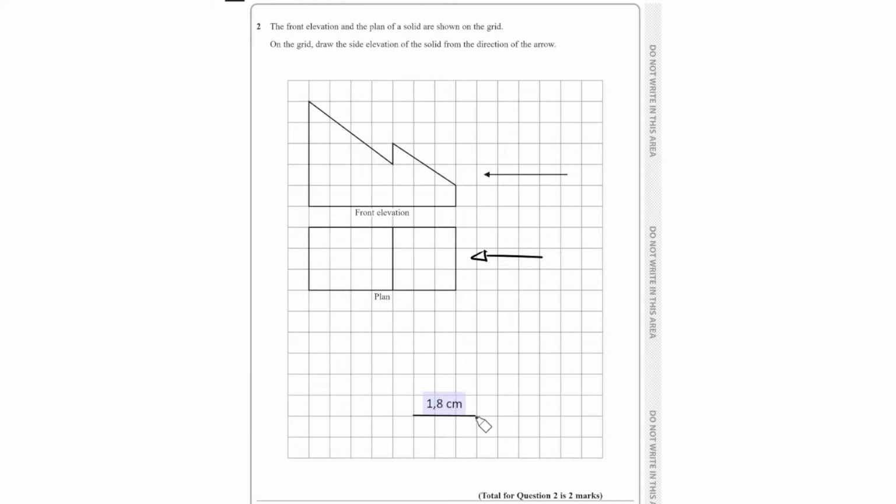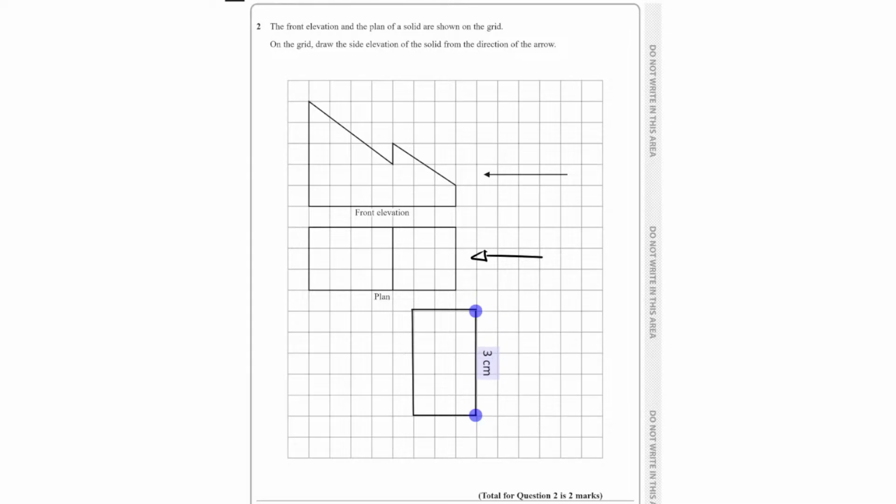So that's the first thing, 3 squares across, and then you've got to figure out how tall it is. Well, that's obviously this one here, based on the front elevation, the tallest part. Yeah, exactly, so that should be 5 squares. So 3 by 5, 1, 2, 3, 4, 5. Just about gave myself enough room. Like that. Obviously, you would join it up a lot better than I would. That's kind of the basic shape.